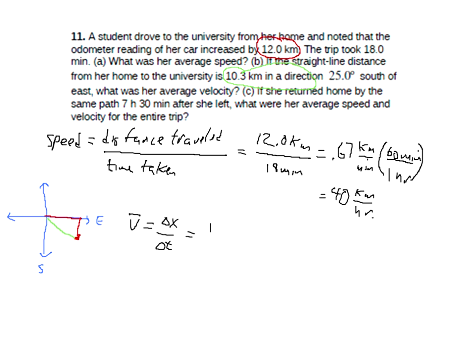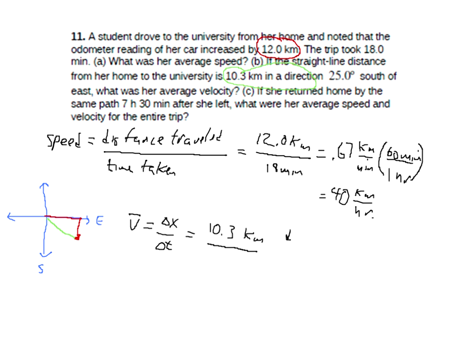So the displacement is going to be 10.3 kilometers. And if I just said, okay, that's 10.3 kilometers divided by, I've left some information out because displacement also requires a direction. So it turns out that there's a direction here as well.